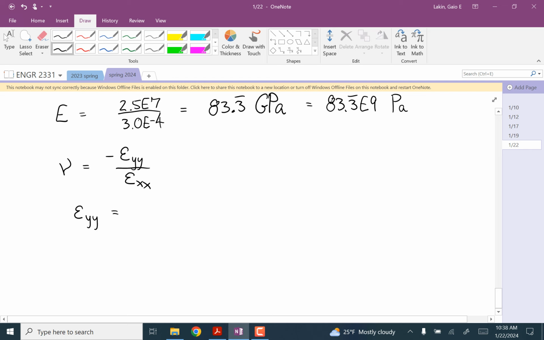Eyy is the deformed length in the y direction. So that was 0.0099992 minus 0.01 divided by 0.01.